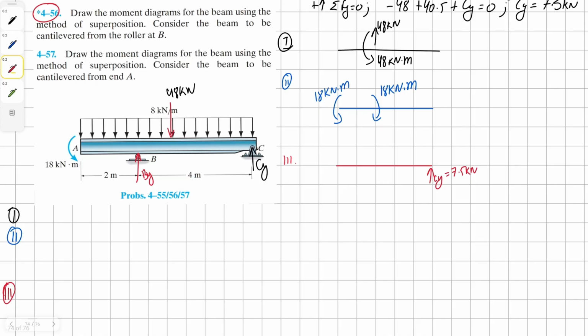We can have the opposite reaction of Cy at point B. And then we're also going to have a moment because of the reaction force.